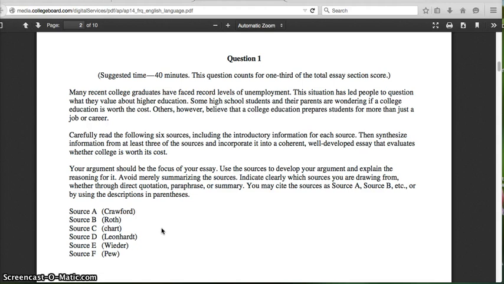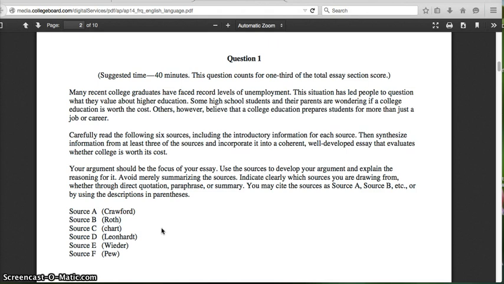Carefully read the following 6 sources, A through F, including the introductory information for each source. Then synthesize information from at least 3 of the sources and incorporate it into a coherent, well-developed essay that, this is the important part, evaluates whether college is worth the cost.